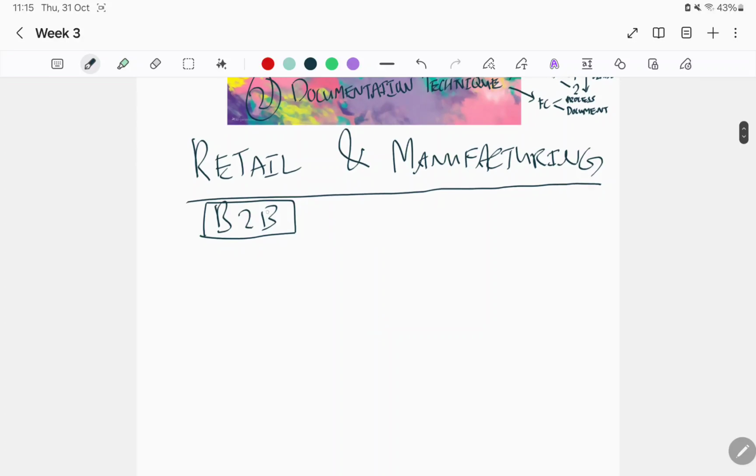So what happens if you want to sell something in a business to business environment? First you will have quotations. We don't call it planning, we call it the quotation stage. There will always be a quotation stage.